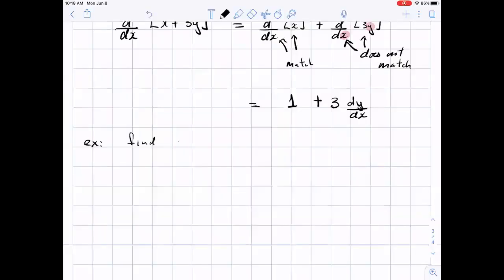If we look at this example, let's start writing it. Find dy dx of xy squared. So notice that this here is in implicit form.